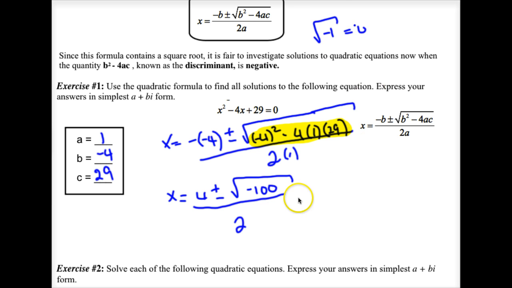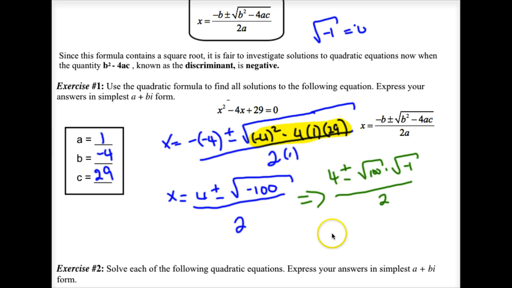So what I want to do is split this up where I get 4 plus or minus the square root of 100 times the square root of negative 1, everything over 2. This becomes 4 plus or minus, square root of 100 is 10, square root of negative 1 is i, over 2. And then the last thing, it says express your answer in the simplest form.